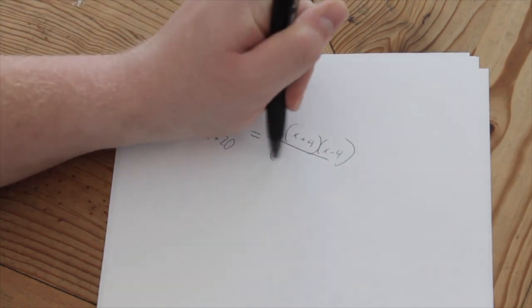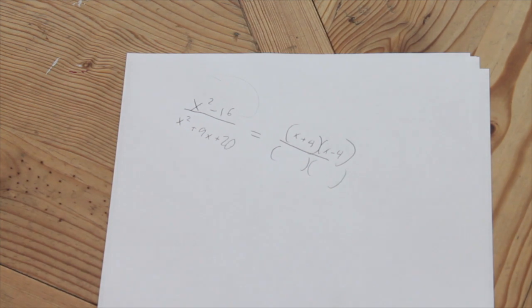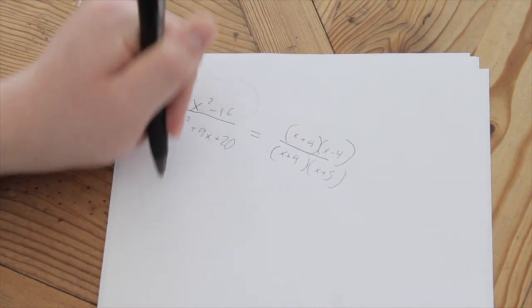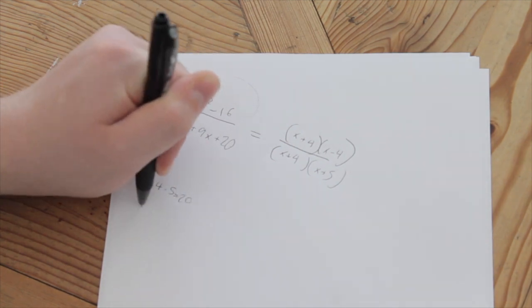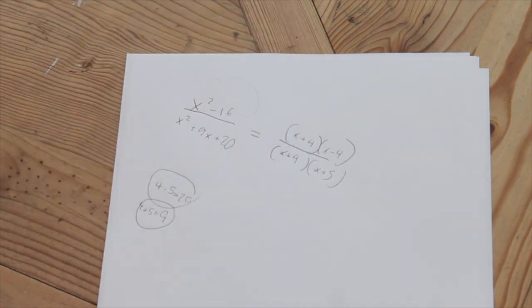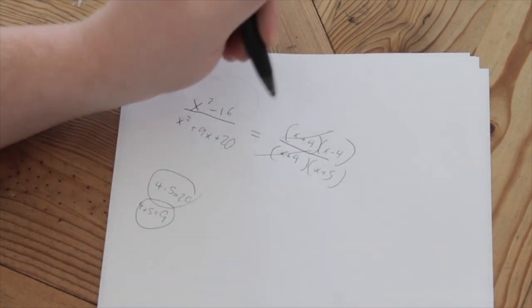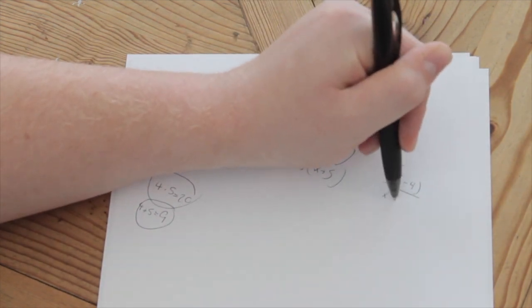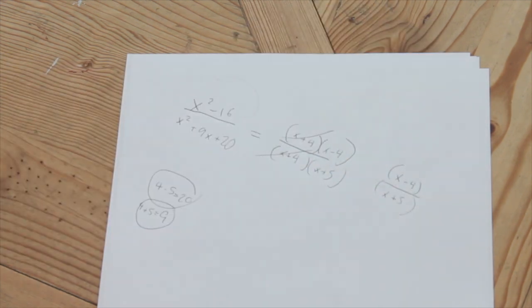So we know that the bottom can be x plus 4 and x plus 5. 4 times 5 is 20, 4 plus 5 equals 9, and these two give us x squared. So we know that works. And what we can do here is cancel x plus 4, leaving x minus 4 over x plus 5. And we can leave it like that.